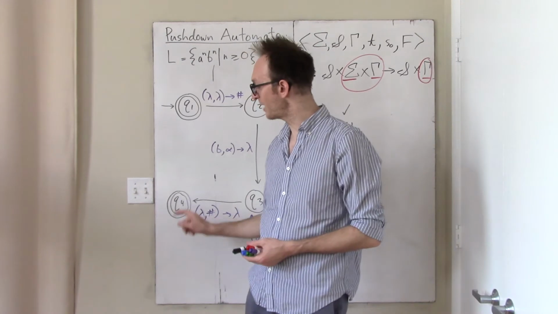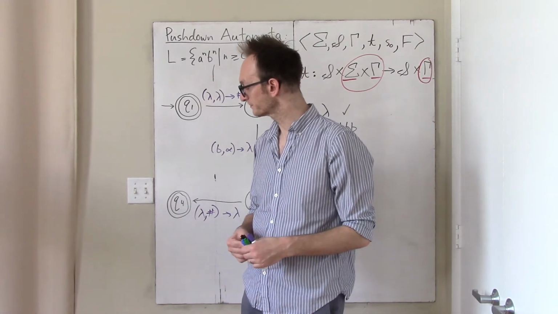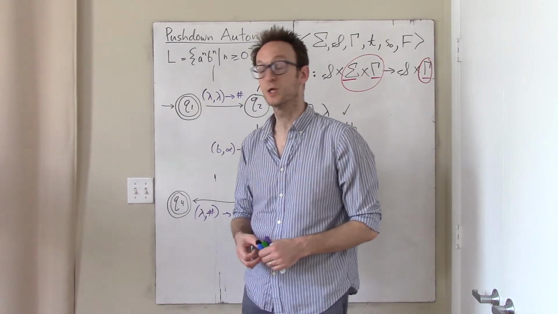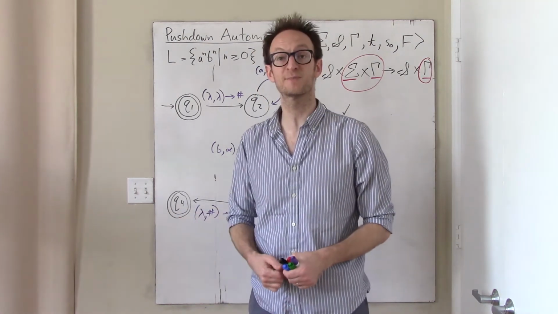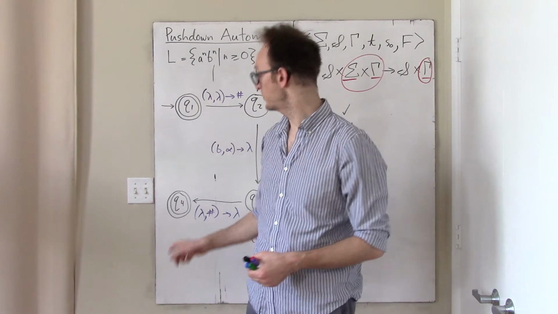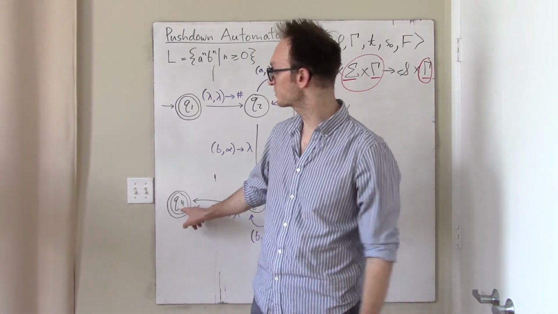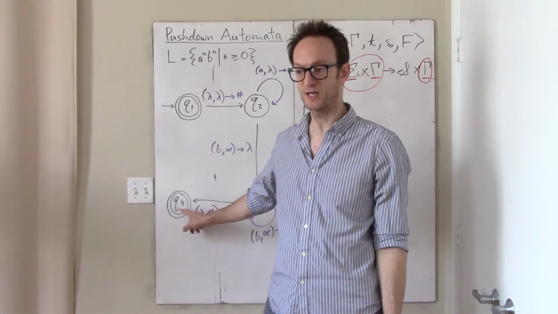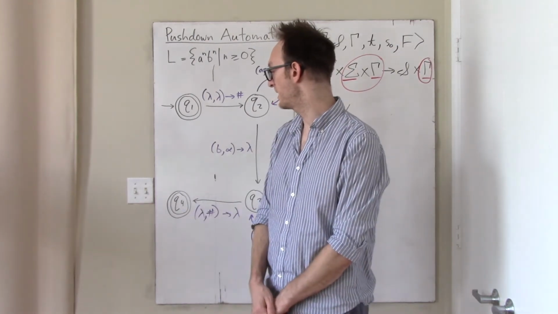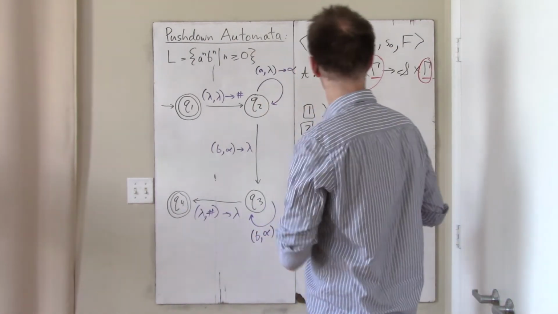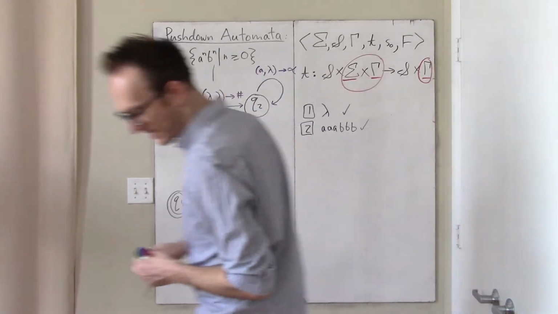When the string is done processing, you are in a certain state, and if that state is one of your accept states, then you just accept. So we do accept the string because it finishes processing in state Q4.